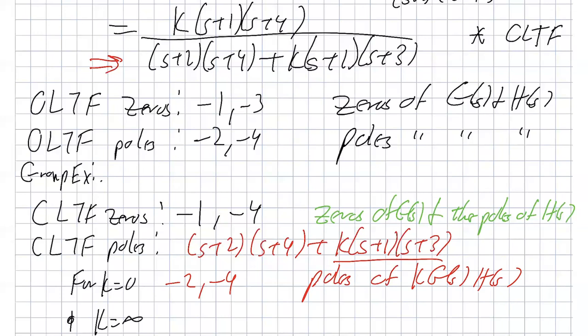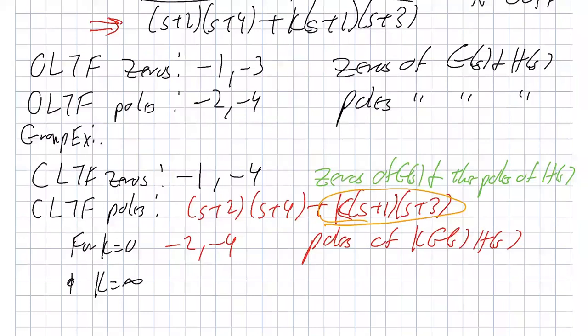When k is equal to infinity, the k term dominates, because it doesn't really matter what s plus 2 and s plus 4 are.